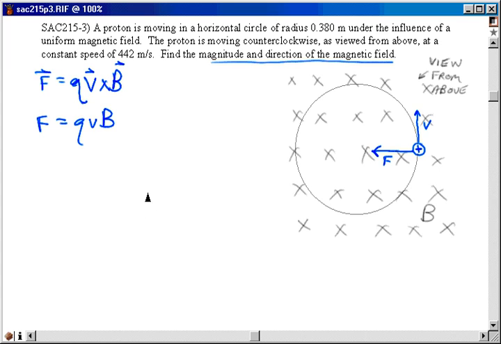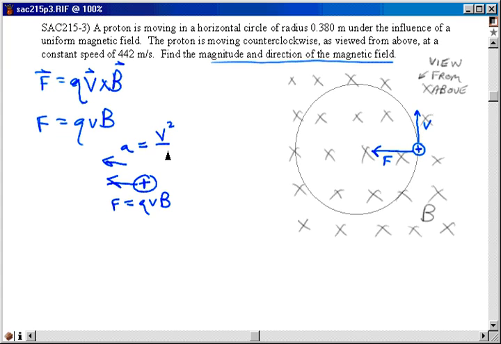Let's try a free body diagram for this object. There's the proton, with one force acting on it, F, which is QVB, and it's got an acceleration directed toward the center of the circle. Because it's moving in a circle at constant speed, notice that with the force always being perpendicular to V, it's never going to cause V to increase or decrease.